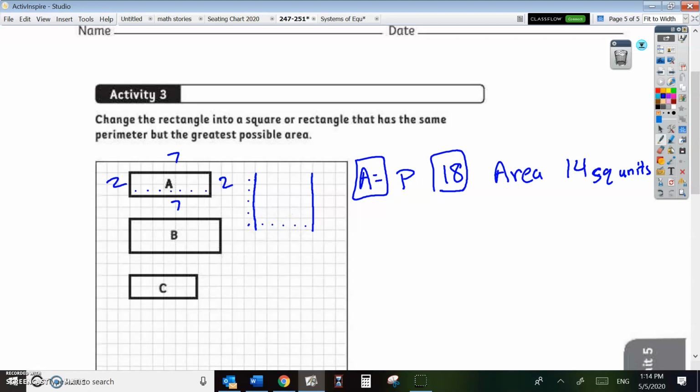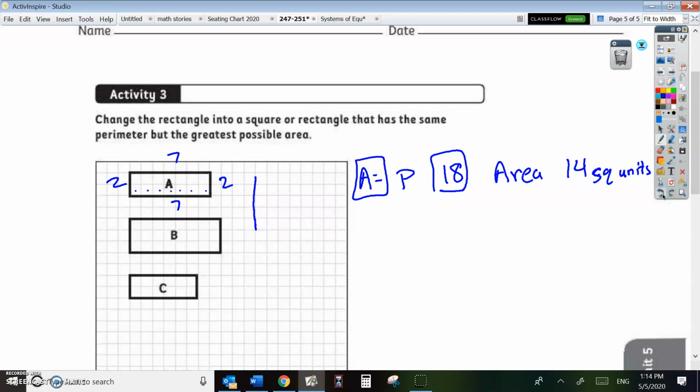So that's going to be too big because it'll be 5 plus 5 plus 5 plus 5. So that's 20. That's a little bit too big. So let's scoot the lines a little bit closer to each other. So we have 5 for the height and 4 for the base.